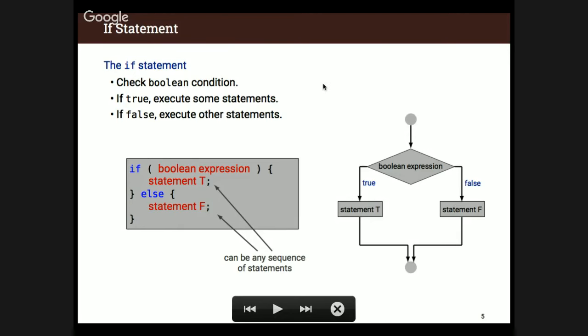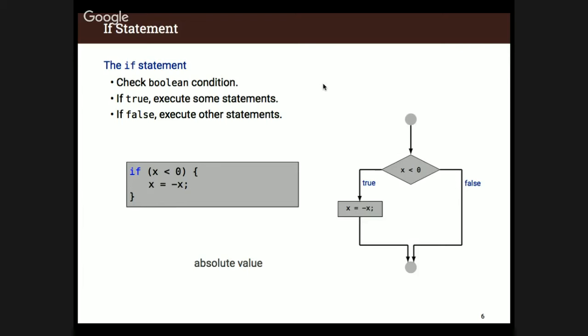So I can now make choices in my program. We look at a few examples. I have an if statement that says if open parentheses x is less than 0, okay, that's negative, close parentheses, open brace, must always put the open brace, no semicolon, all that. Inside there's one statement, x is equal to minus x.